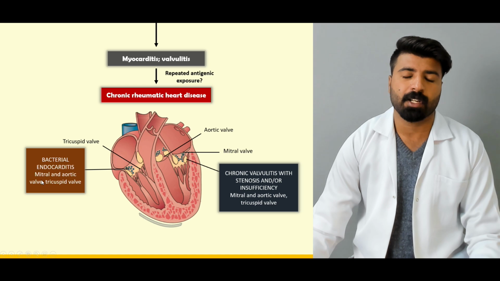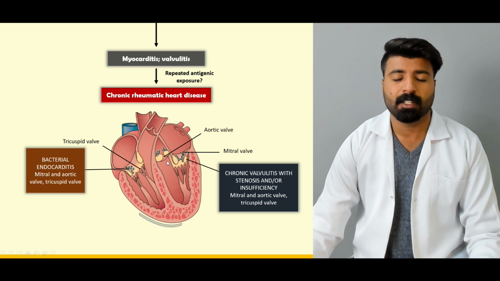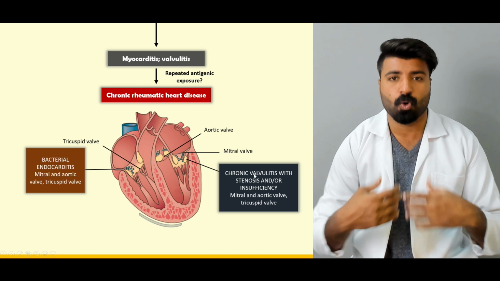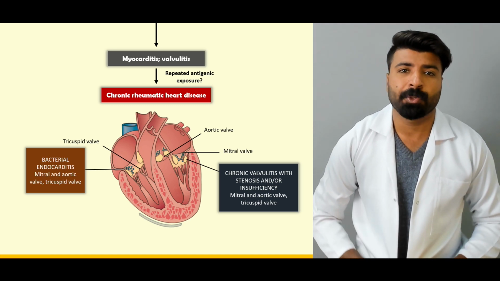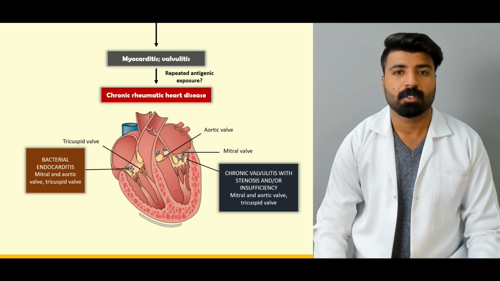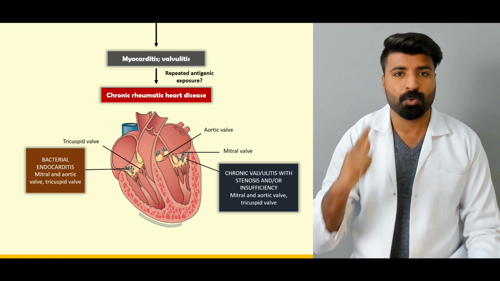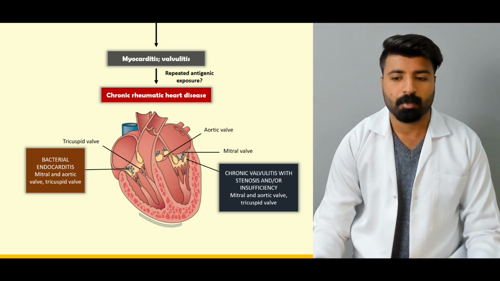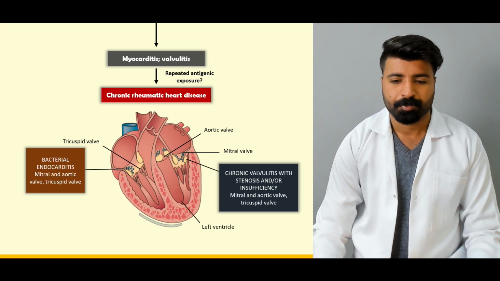Mitral, aortic, and tricuspid. In chronic valvulitis, with aortic insufficiency or stenosis of some kind, where they are unable to open up properly, which valves are going to get affected? The same three valves, starting from mitral, going to aortic, then to tricuspid. Pulmonary is not affected in these cases.